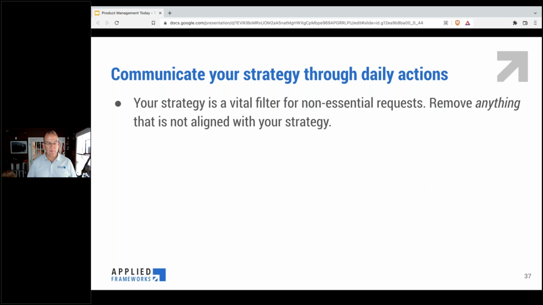If you're using Agile frameworks, your backlog is a great way to communicate your strategy by all the things you remove. What requests are you rejecting because they're not important in the context of your strategy? This is almost like a ruthless elimination of anything that is not aligned with the strategy. So it becomes a really important filter for how you think about the ongoing execution and development of your product.